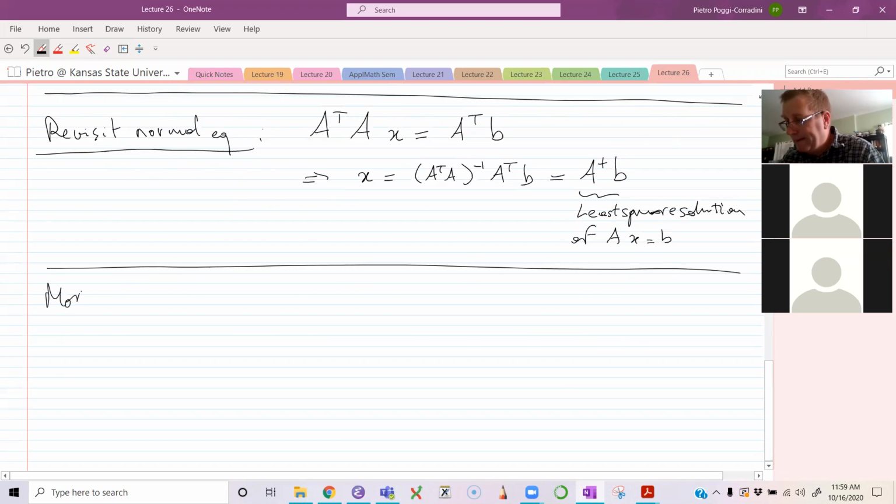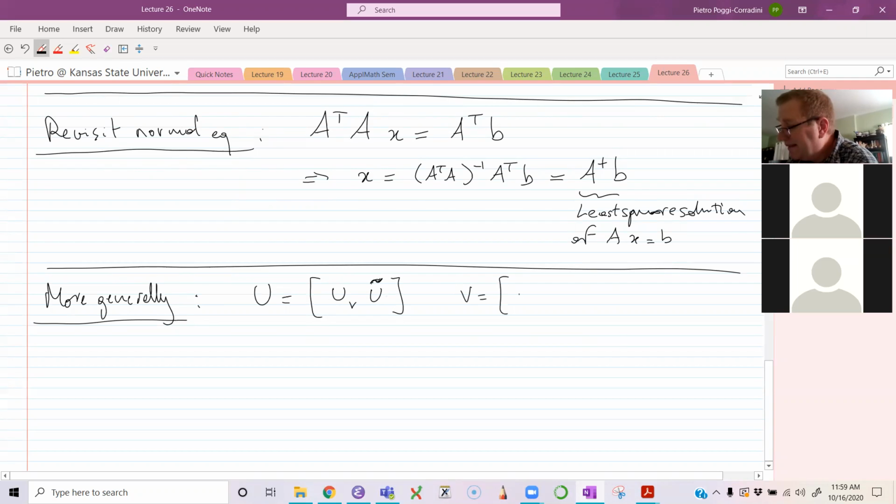So more generally, in that case, let me write U as U_R, where R is the rank, and then the rest, U tilde, which is the completion, and likewise for V. So this is going to be m by m, n by n.